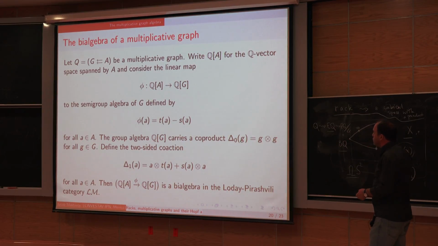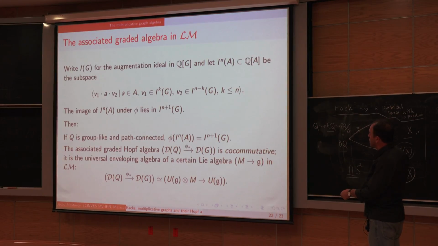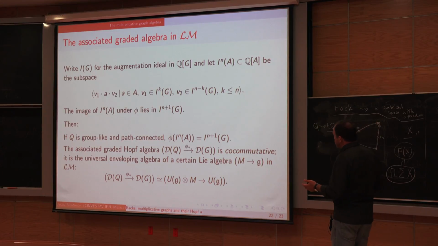Right, so let me just mention where this goes before I finish. We have this Hopf algebra, which is the analog of the group algebra. In the usual group algebra, we have the augmentation ideal, and we can take the associated graded filtration.